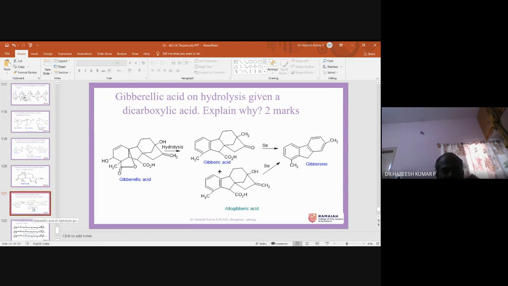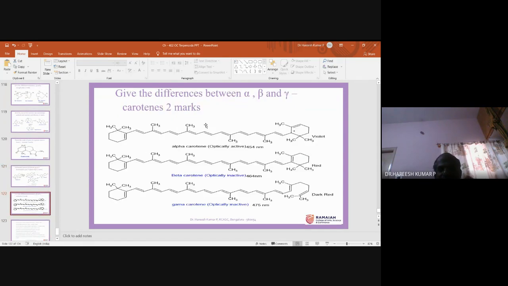Next I'm taking the difference between the alpha, beta, gamma carotenes. This is alpha carotene, this one is beta carotene, and this one is gamma carotene. What is the difference you can observe? You know that alpha carotene is optically active, more particularly a chiral compound.